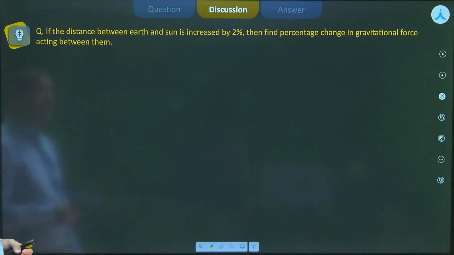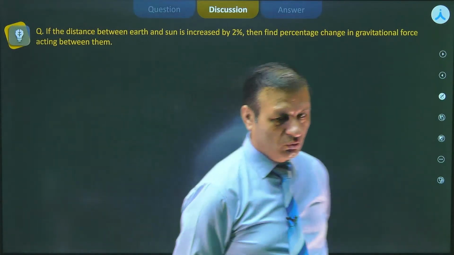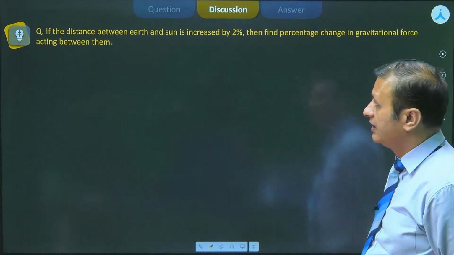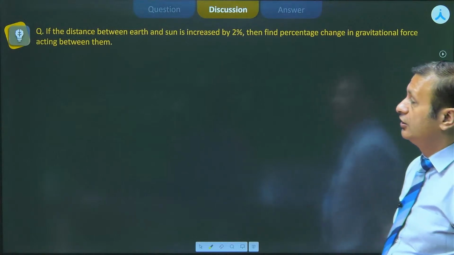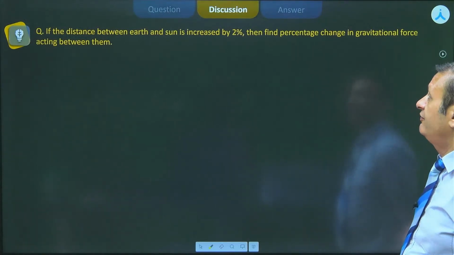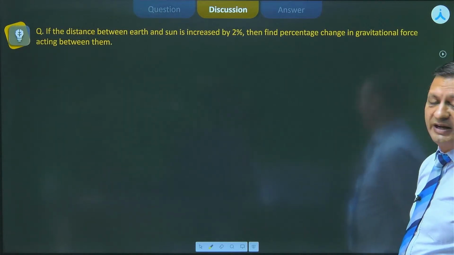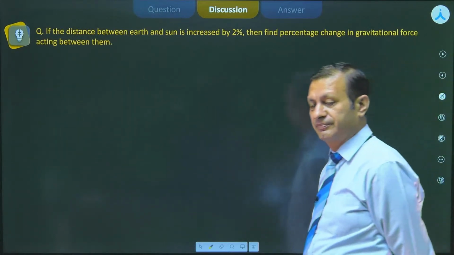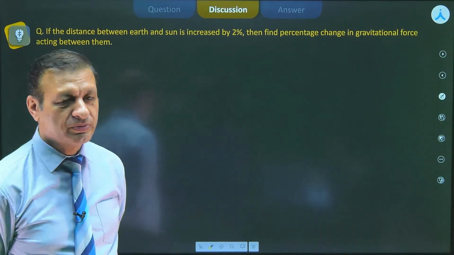Now this is something interesting. Look at the question. If the distance between Earth and Sun is increased by 2%, then find the percentage change in gravitational force acting between them.